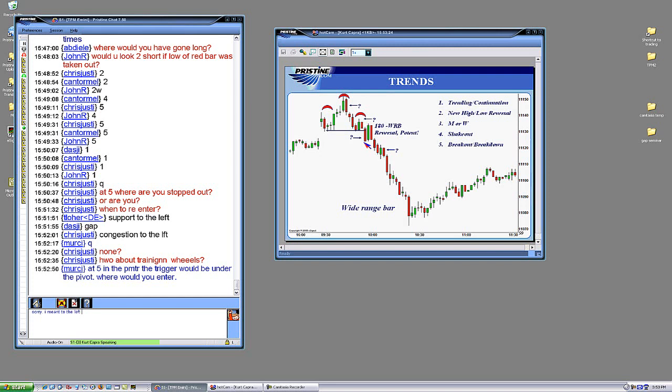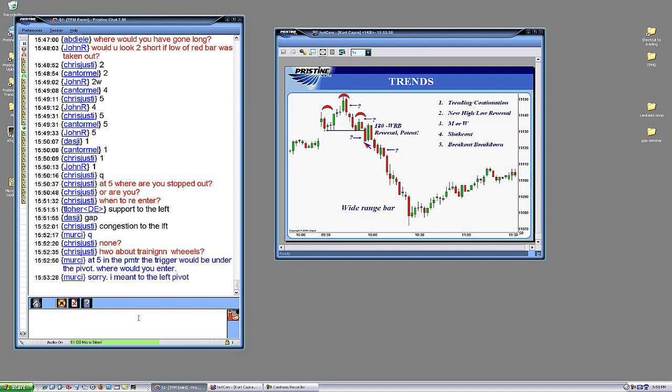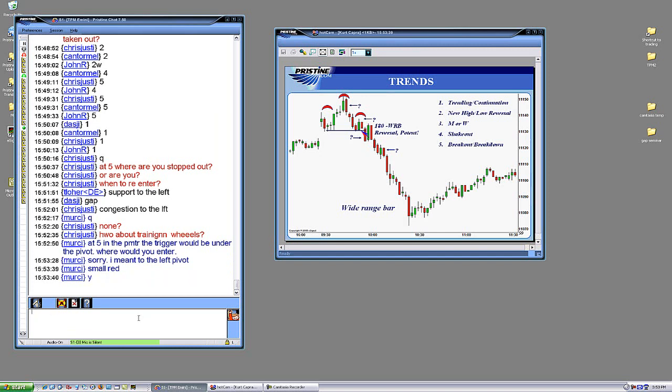The trigger would be under that bar? Oh, right here. Yeah, that's where I'd be entering as well. If this was the time frame that I chose to trade from, that's where I would be entering as well.